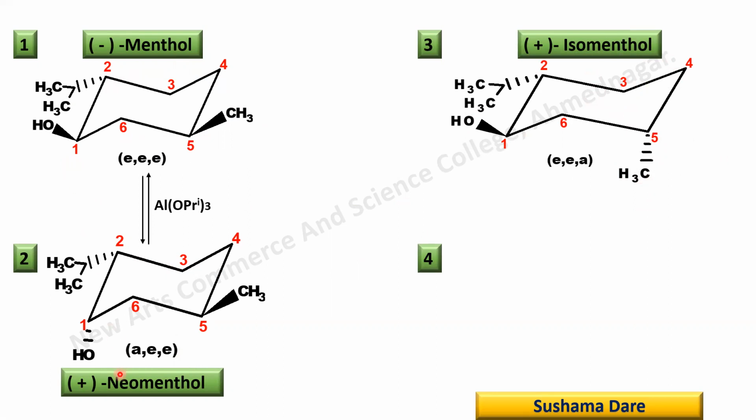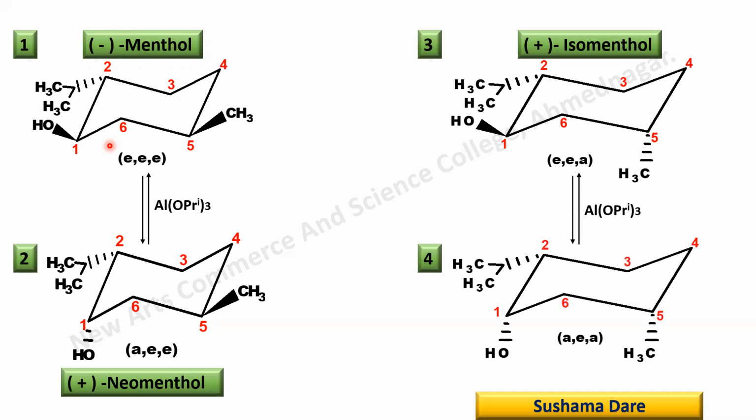In neomenthol, the hydroxy group is axial compared to menthol. If it is treated with the same aluminum triisopropoxide, the stereochemistry of the hydroxy group changes to axial, and this is denoted as the AEA conformer, and the name of this is neoisomenthol.